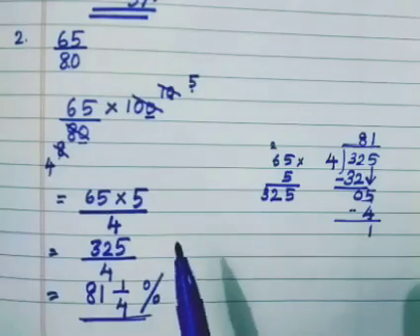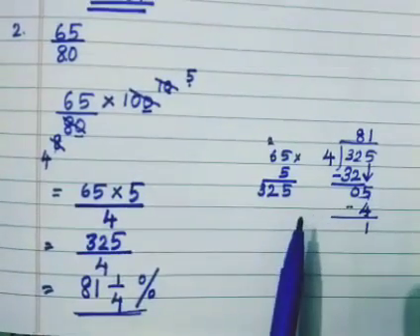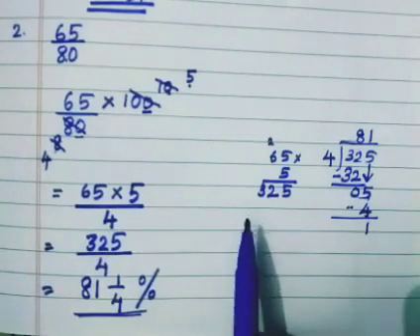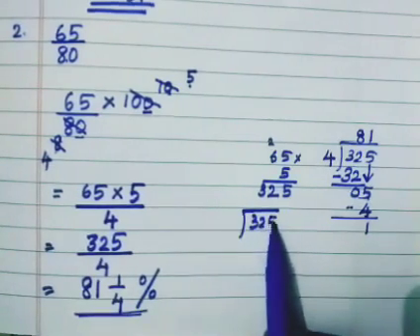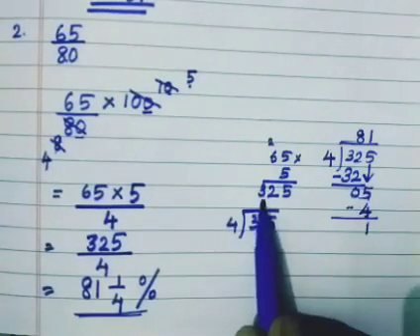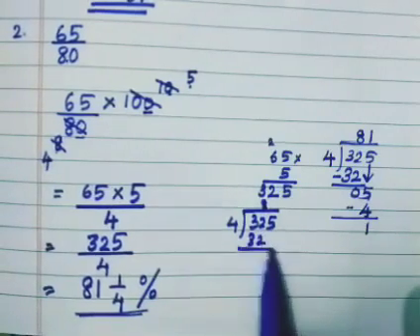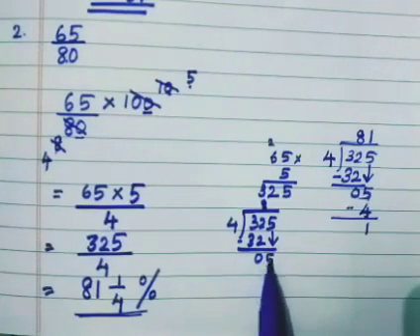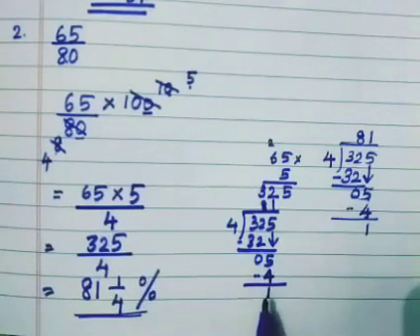Suppose that if you want to write this in decimal form, you can continue the division. So I'll show that division once again. 325 divided by 4. 4 8s are 32. Subtract it. Remainder is 0. Bring down 5. 4 goes 1 time in 5. Then the remainder is 1.